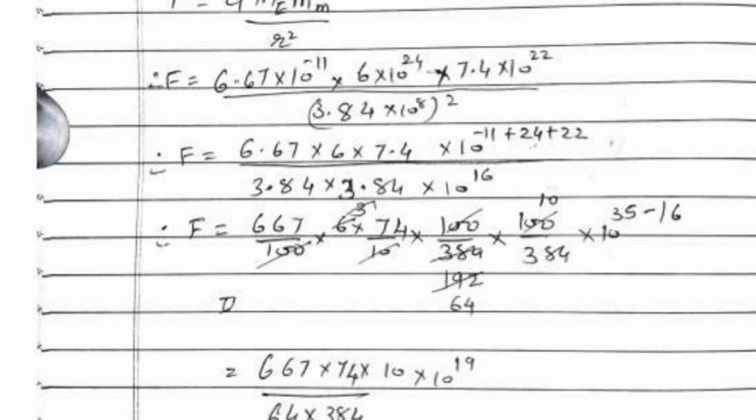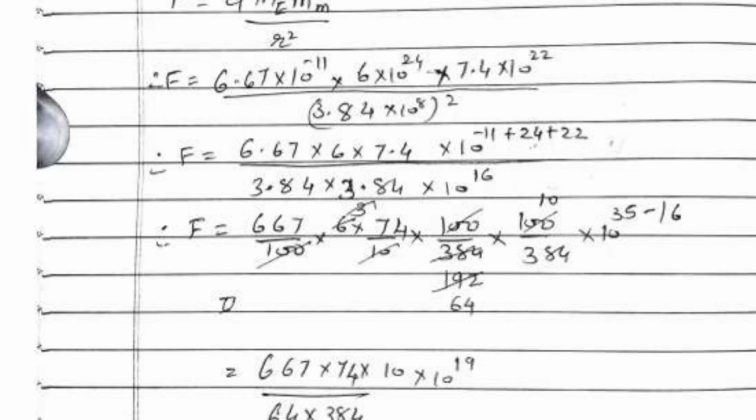So after substituting, taking all the indices part, now we will be doing the calculation. Now 6.67 is 667 upon 100. Write this.